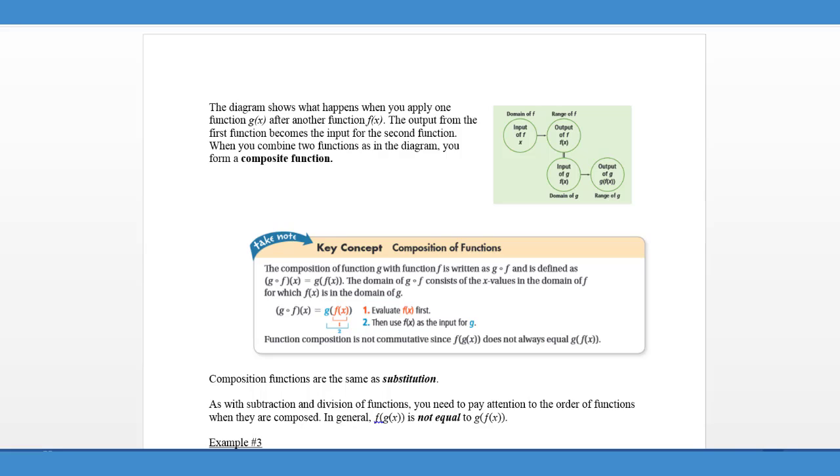Now, you've actually done substitution in functions before. Let me give you an example problem that may look familiar. Let's pretend that we had f of x equals x plus 3, and we want you to find f of 2.